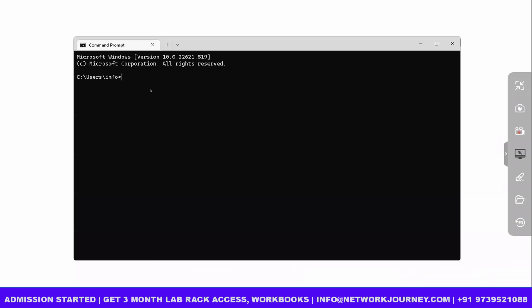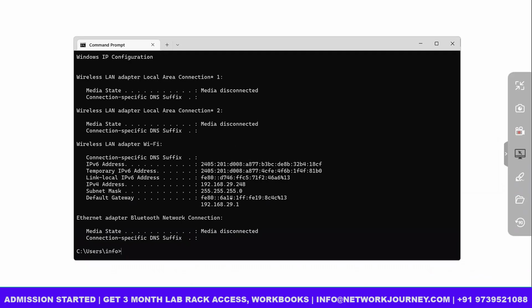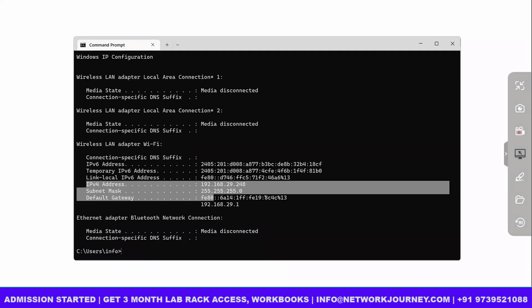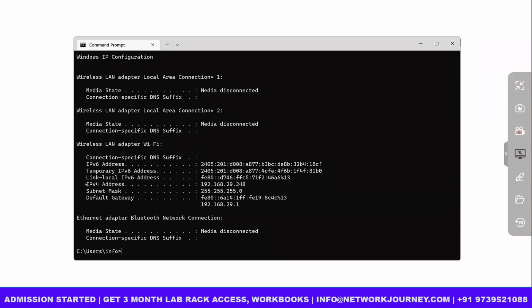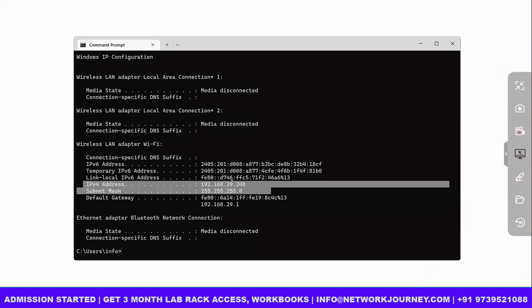If you open CMD, the command prompt on your laptop, and type ipconfig, it's gonna give me those 2 details, and this is common information that you get in the TCP/IP suite. So it says 192.168.29.248, 192.168.27.148.